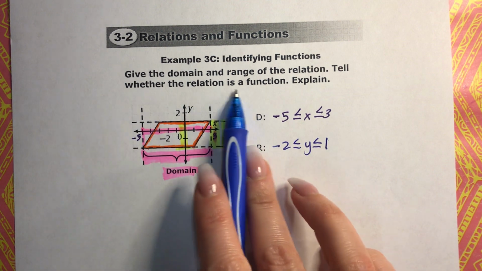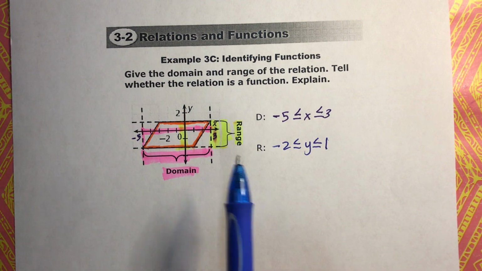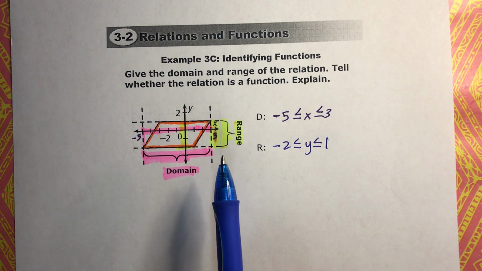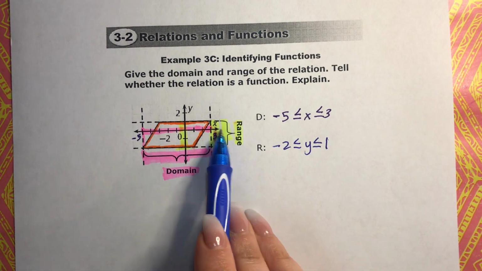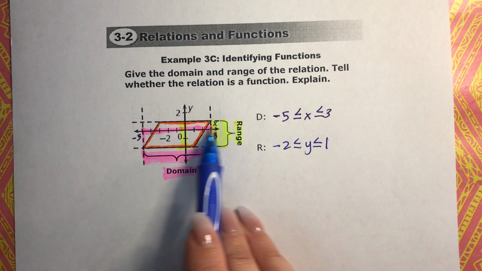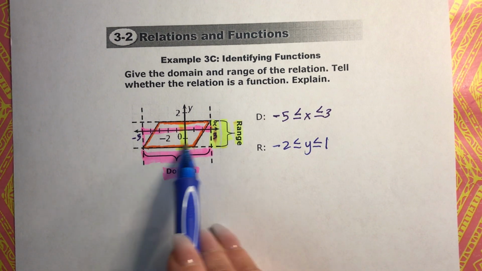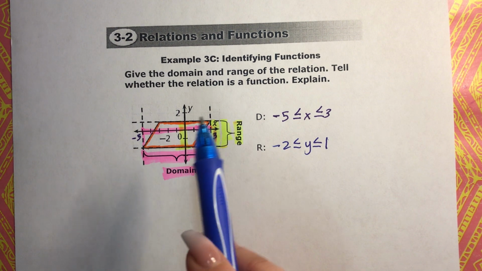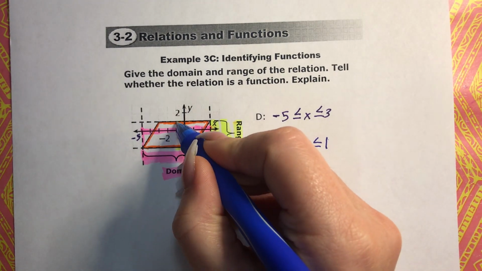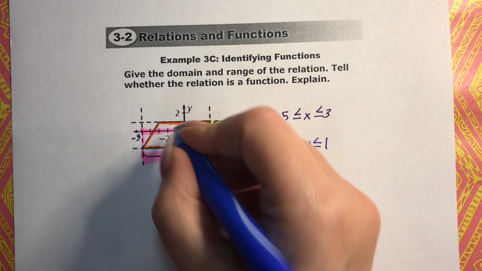Now we just need to tell whether this relation is a function. Remember, with a function, every domain value has to have exactly one y value. When I'm looking at the domain values, or the x values, let's look here at -1. -1 has an orange y value up here, right?